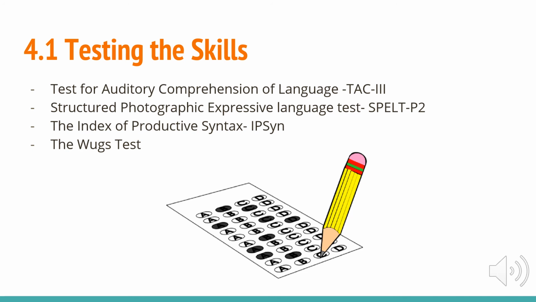Standardized language tests do not catch every weakness a child shows in morphology and syntax. According to the journal article, Syntax and Morphology in Danish-Speaking Children with Autism Spectrum Disorder, such studies in children with high-functioning autism can be inconclusive.